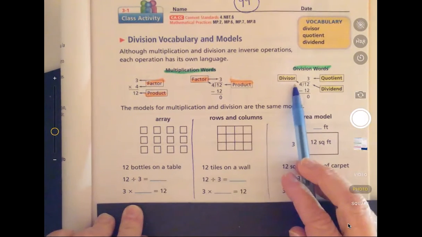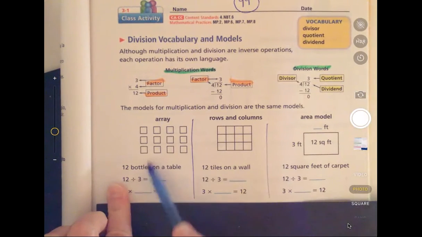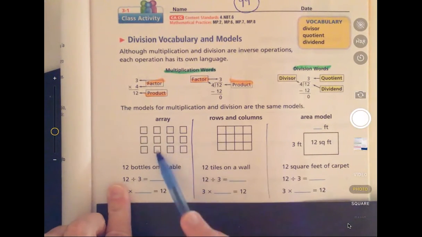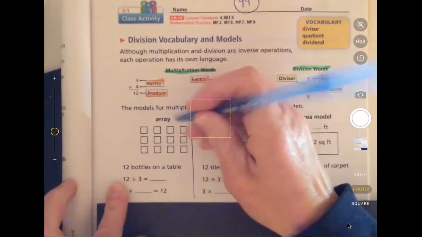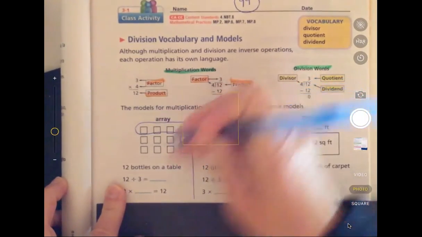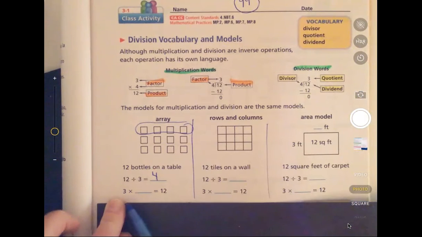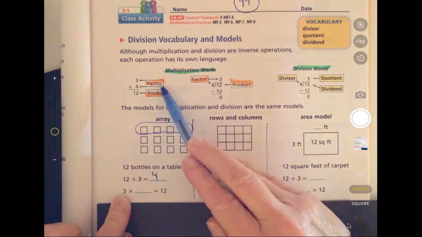So I'm kind of looking up here. There's that divisor. So 12 divided into groups of 3, then we're saying, well, how many are in each group? There are 4, right? And then if we're thinking about it in multiplication, then we're missing a factor.